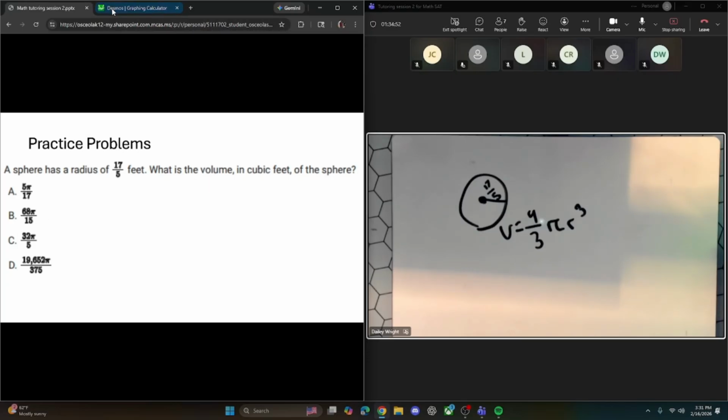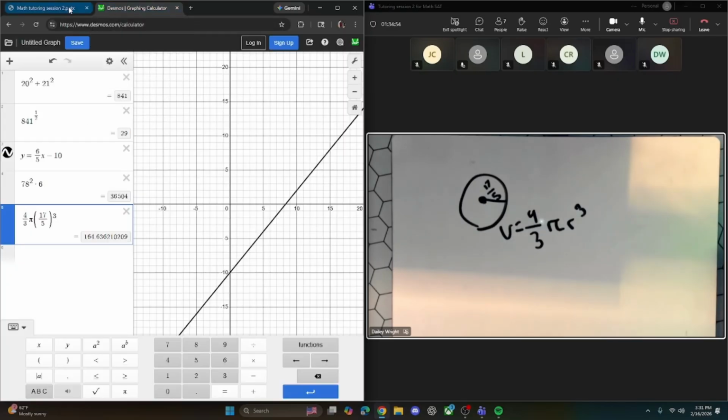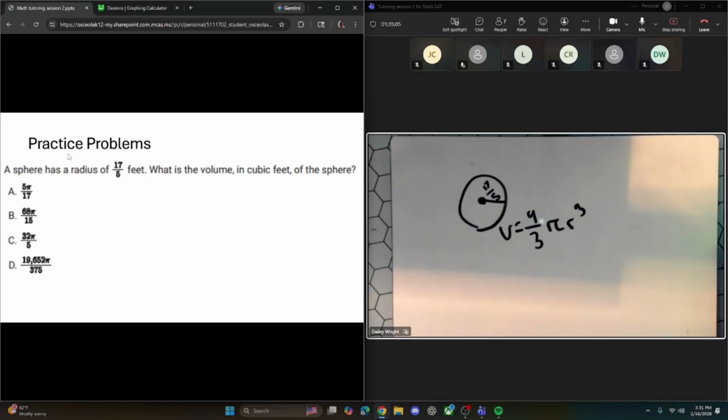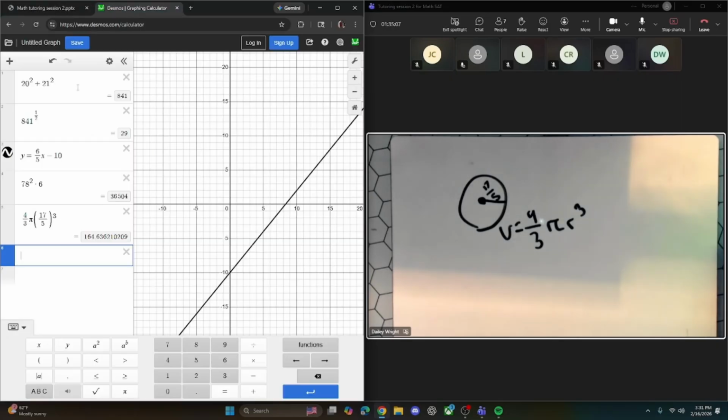right form. So I would personally just plug all of these in. Let's see what 5 pi over 17 is. That's 0.92, that's not going to work. 68 pi over 15ths. That's 14, that's not going to work.